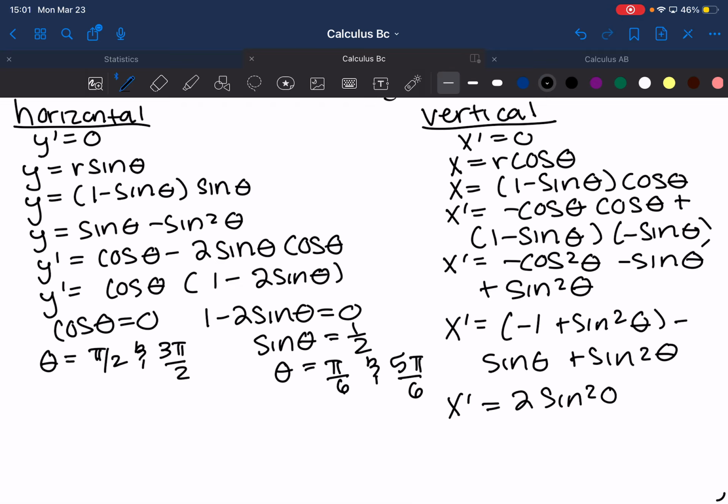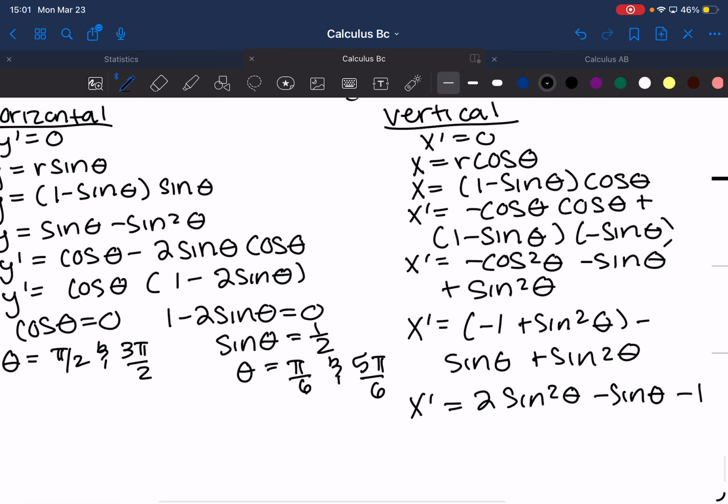Okay, which looks like what type of equation? Quadratic equation. So I'm not going to show all these steps, but you would use u substitution, let u equal sine theta, and then you're going to be able to factor it, just like you would factor any quadratic. So this would be like 2x squared minus x minus 1.